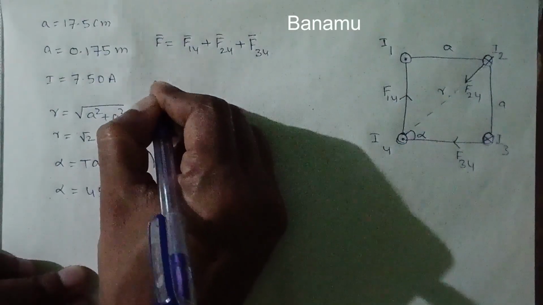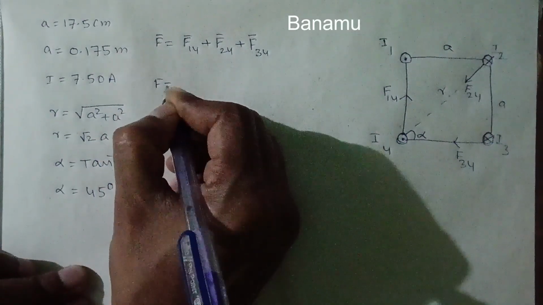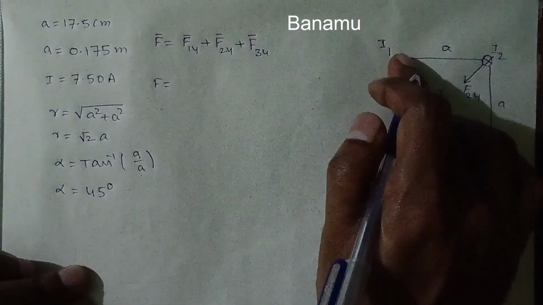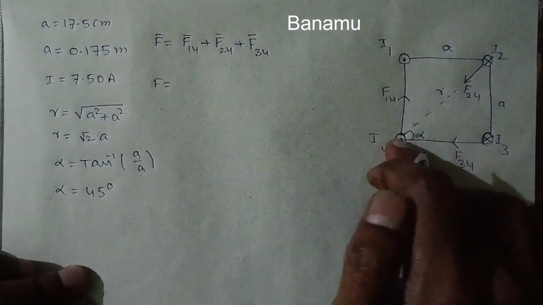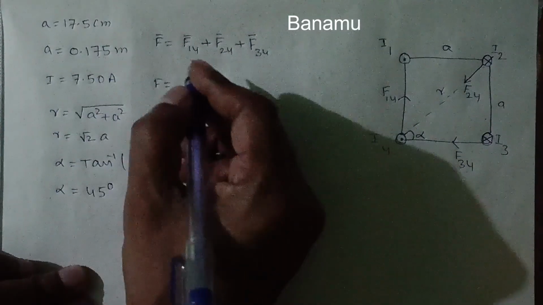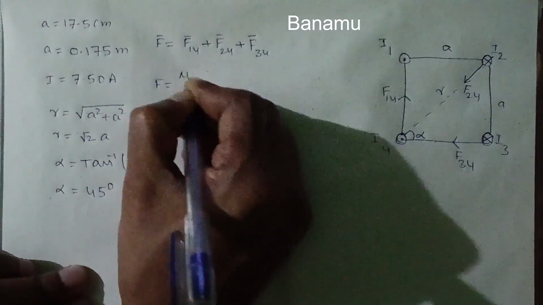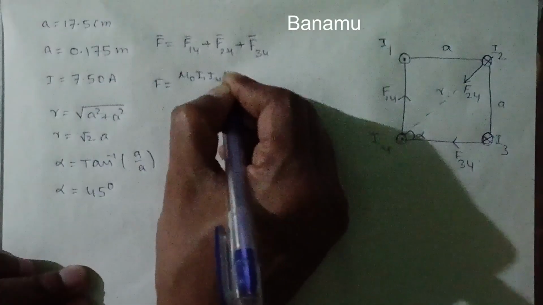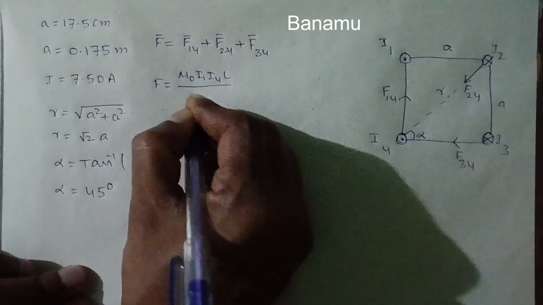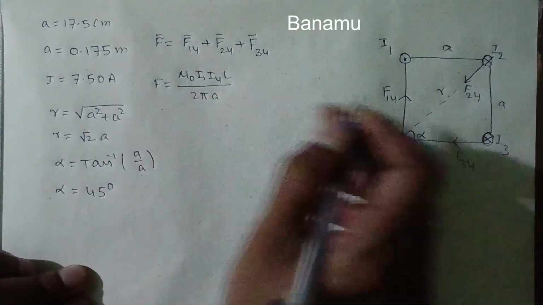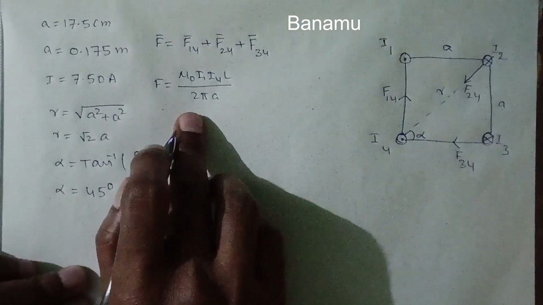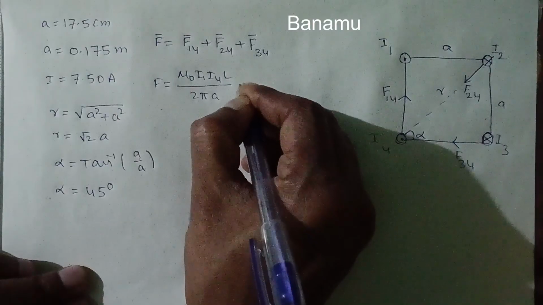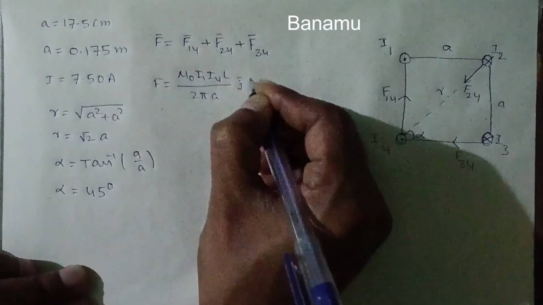So the net magnetic force F bar is equal to the magnetic force on wire 4 due to wire 1, which is F14. F14 is mu naught I1 I4 L by 2 pi A, where the side length is A. The direction is upward, the positive Y direction, so we take j bar.